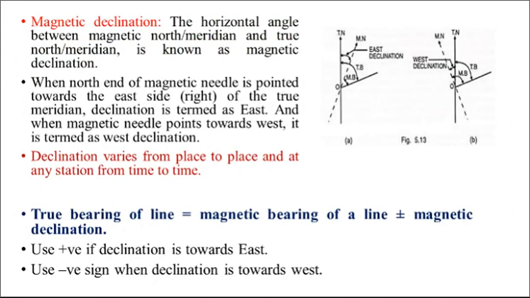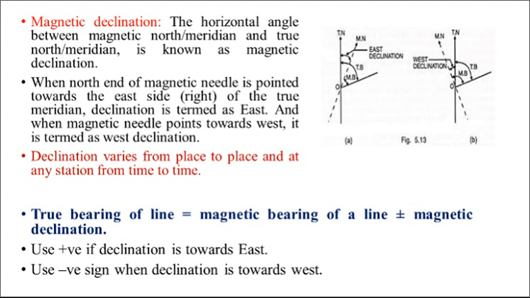Then next we are going to study magnetic declination. Magnetic declination is nothing but the horizontal angle between the magnetic north or magnetic meridian and the true north or true meridian. In short, magnetic declination is the angle between true north and the magnetic north.